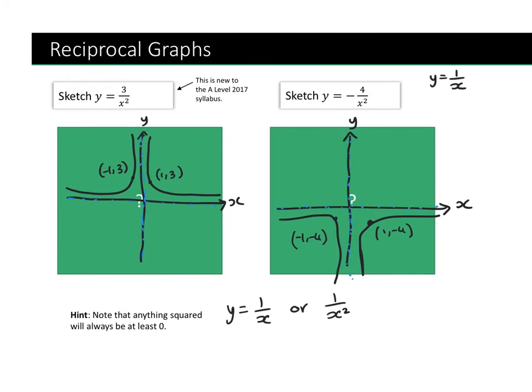The reason they do not touch the x or y axes is, first of all, if we let x equals 0, we're going to get 1 over 0. We can never do 1 divided by nothing, so it will never reach 0. It goes on forever.